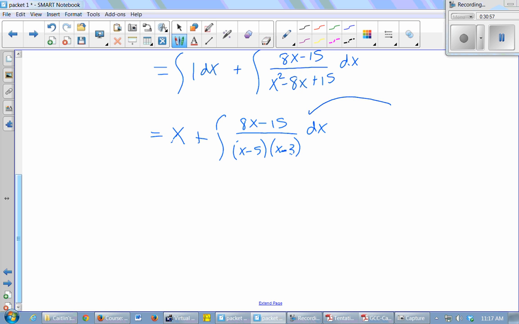So I would say this integral looks like number 27, a is 5, b is 3, c is 8, d is negative 15. And then just copy down the answer, plugging in all those numbers.